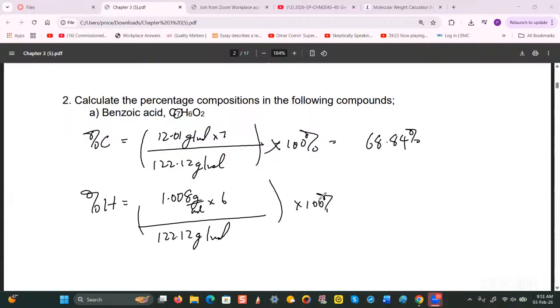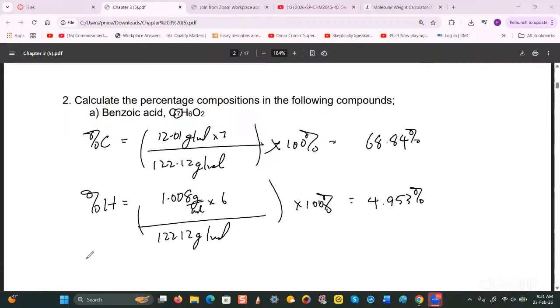So let's see what this gives. 6 times 1.008, divide by 122.12, and times 100. According to my calculation, this works out to 4 sig figs again, 4.953% is what I got. All right, so that's for hydrogen.